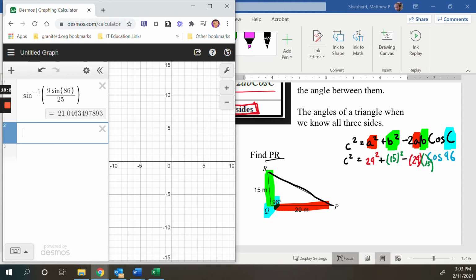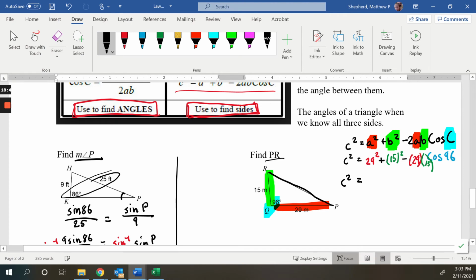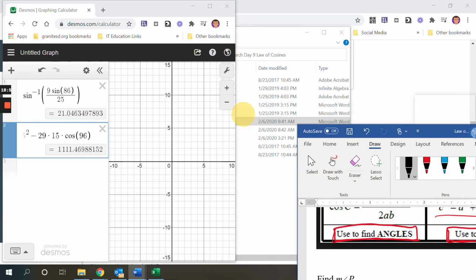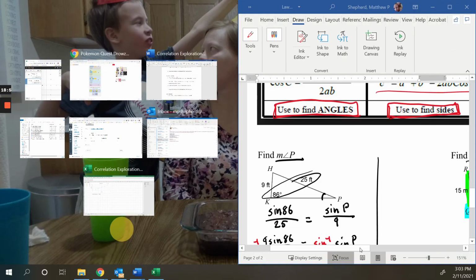So I'll go over here, 29 squared plus 15 squared minus 29 times 15 times cosine of 96. Now we do have a problem with just that. Notice this was still C squared. So we're not 100% done yet.